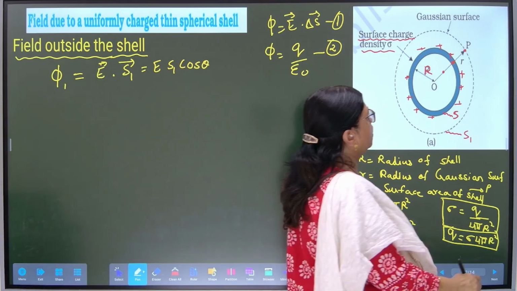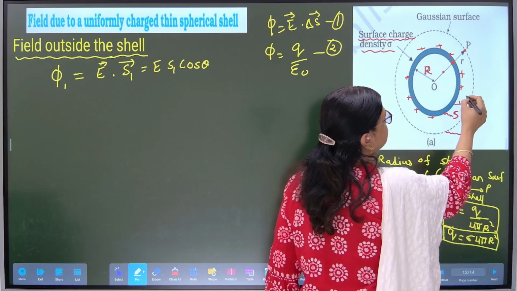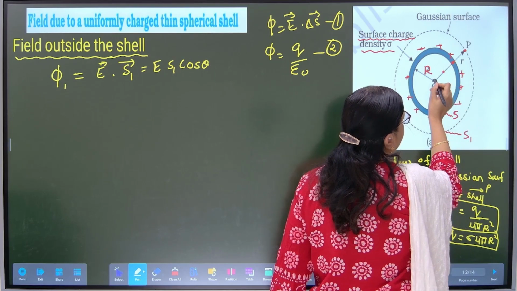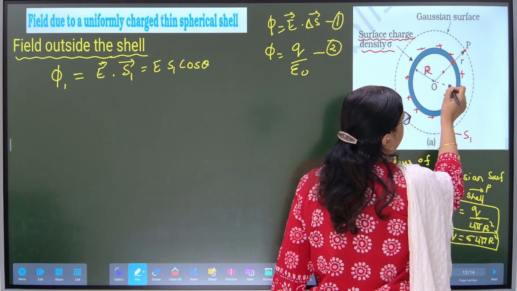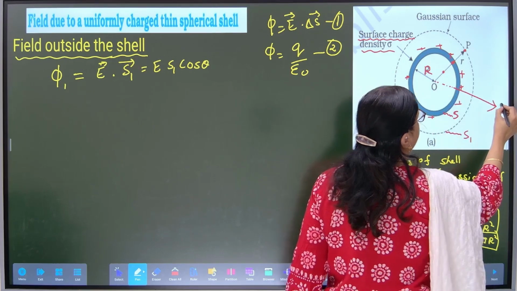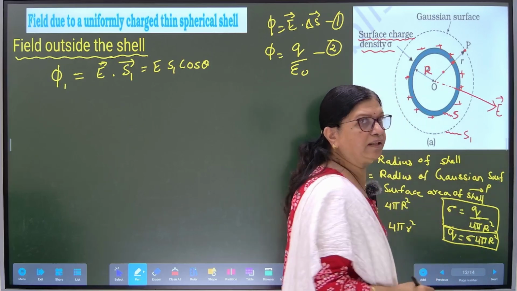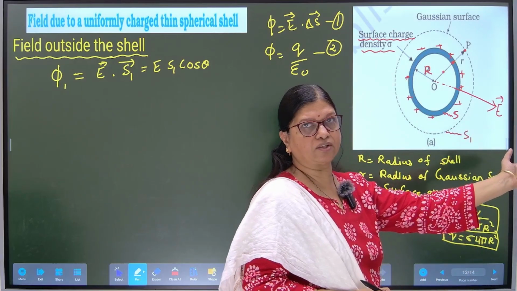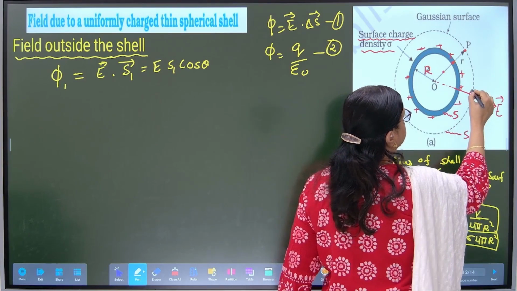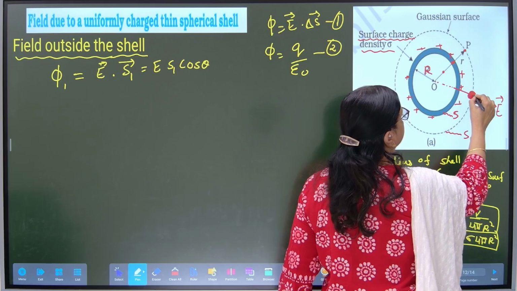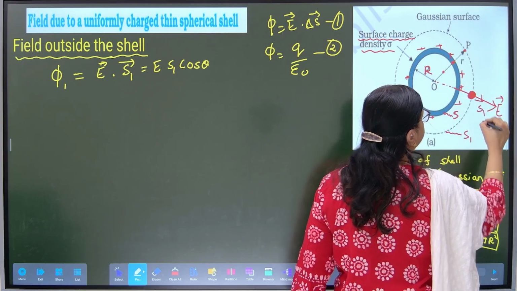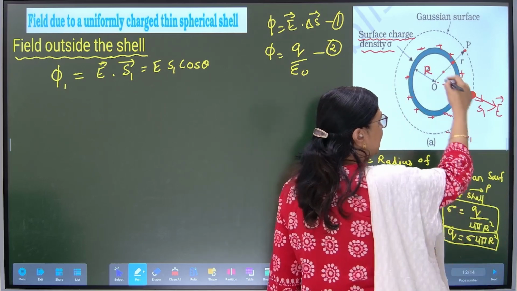Going to the diagram, the electric field from this charge goes radially outwards. And for this portion of the Gaussian surface, let us draw the direction of delta S1. That is also the same.